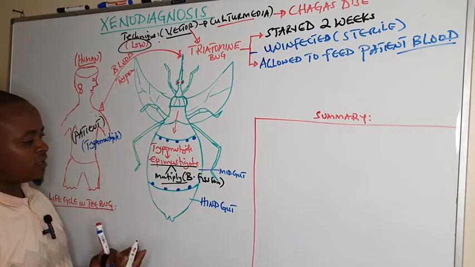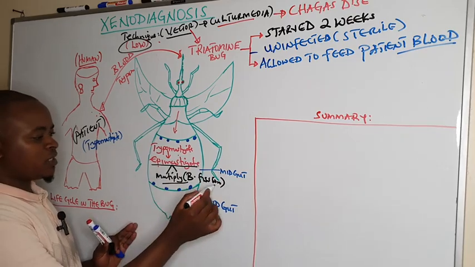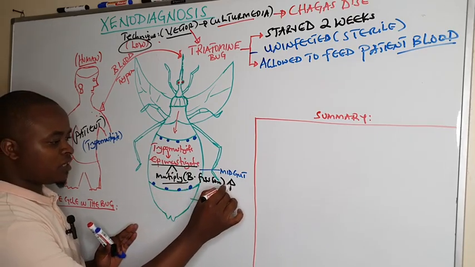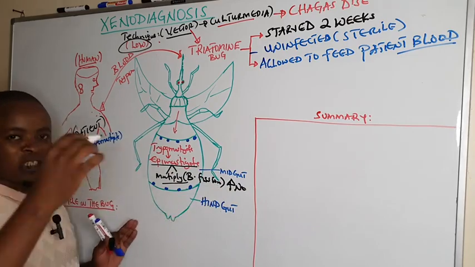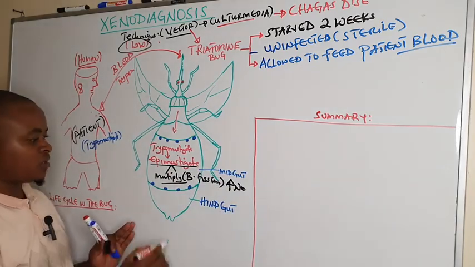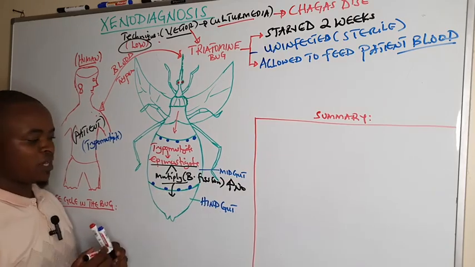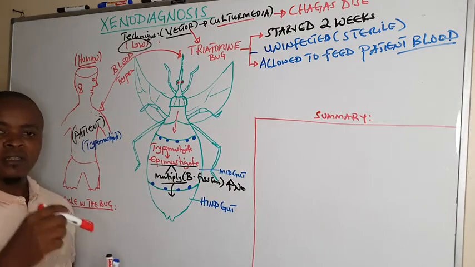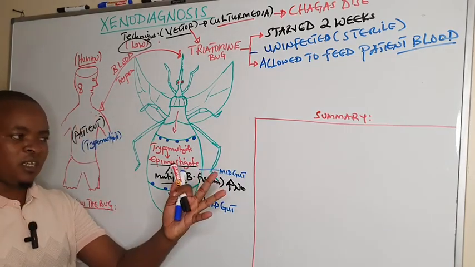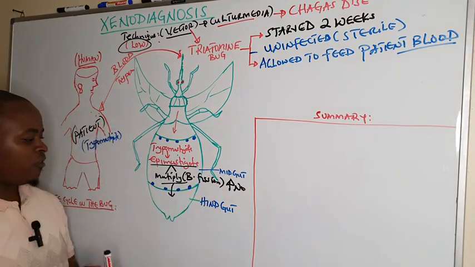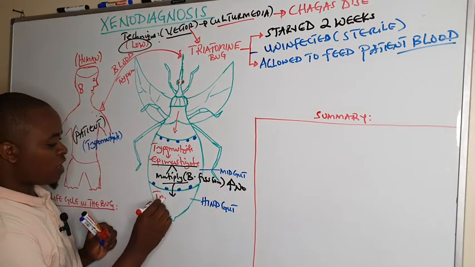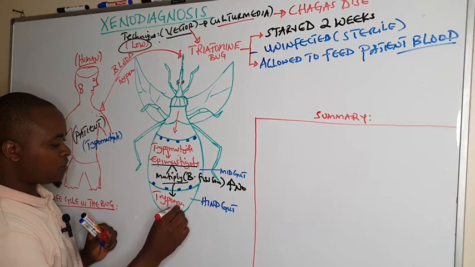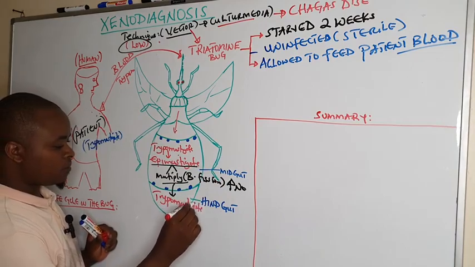At a later stage, after multiplying and increasing in number, these epimastigotes transform again into trypomastigotes, which migrate into the hindgut.